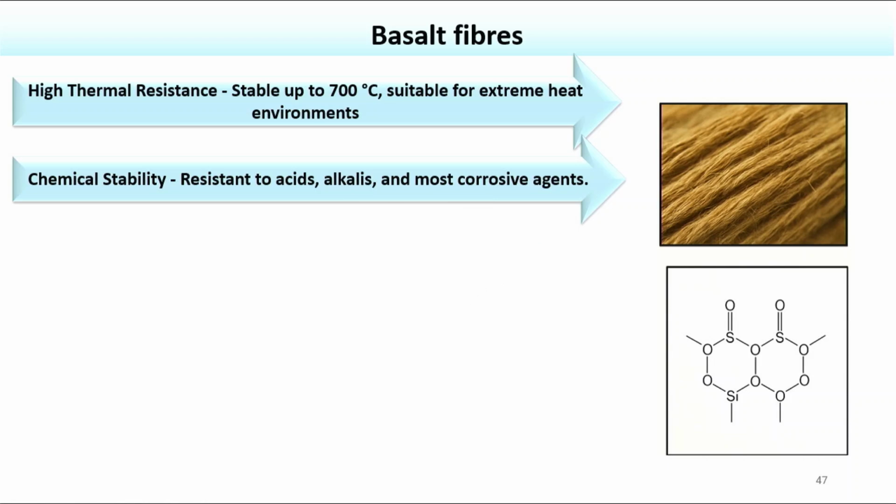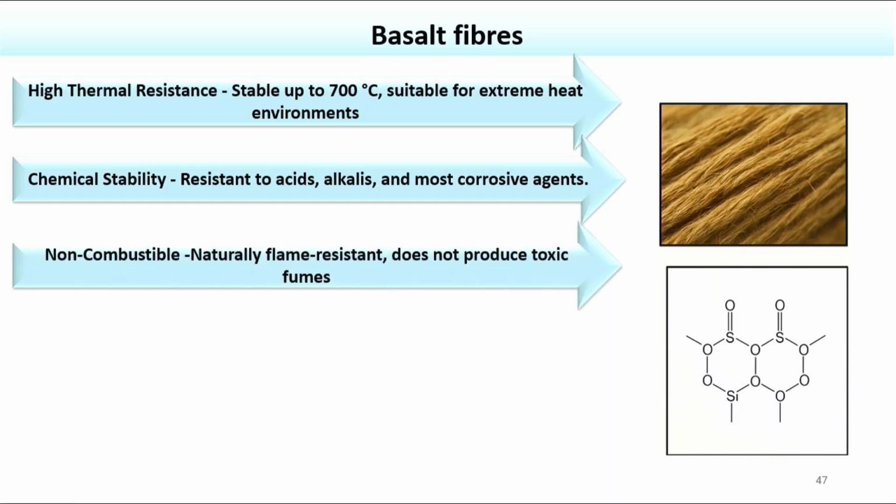It is chemically stable, non-combustible in nature. So, naturally flame resistant, does not produce toxic fumes, that is important. So, most of the organic fibers, after decomposition they release toxic fumes.